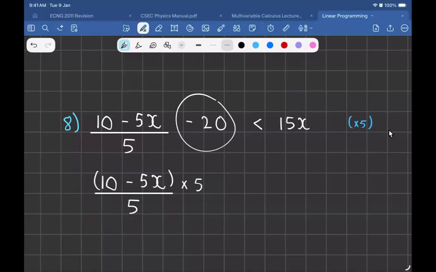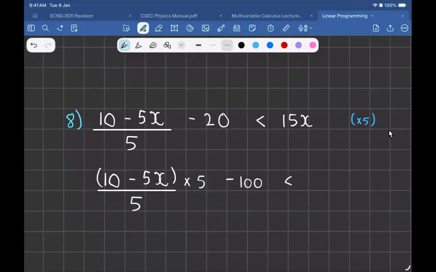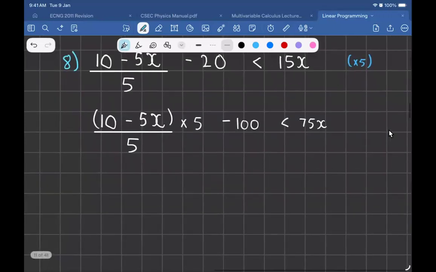I multiply minus 20 by 5, which is minus 100. What is 15x by 5? 75x. The 5 and the 5 would cancel off, and I would leave 10 minus 5x.